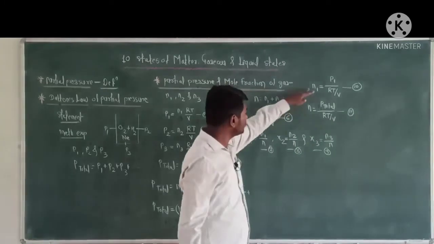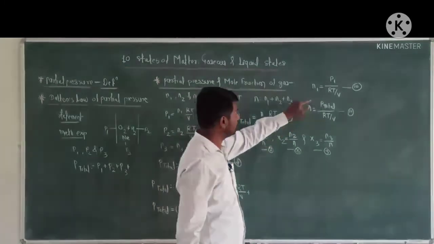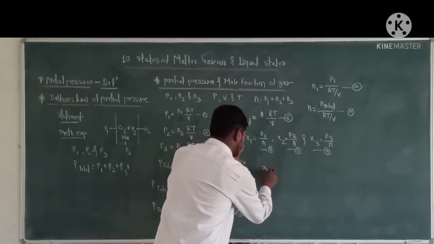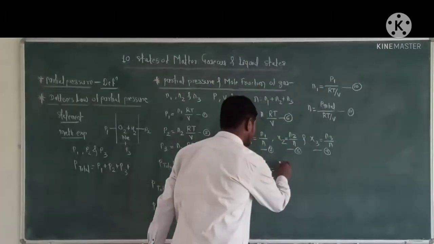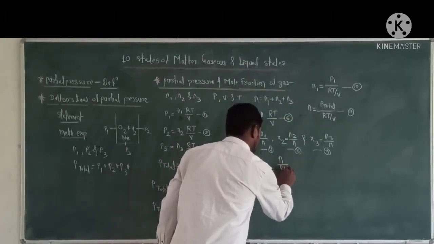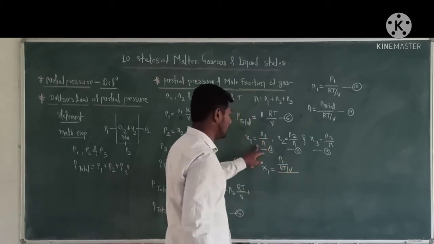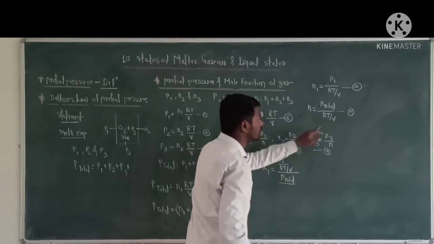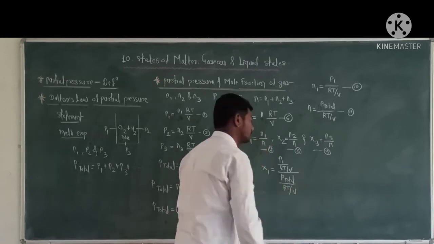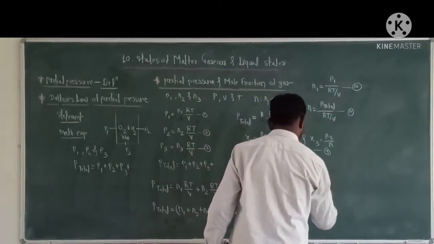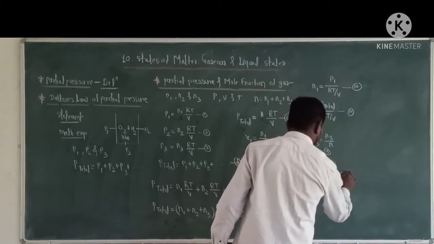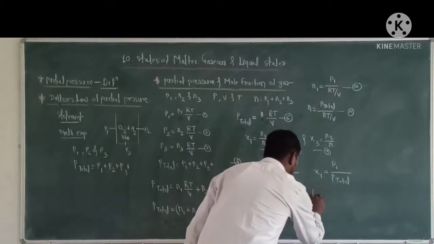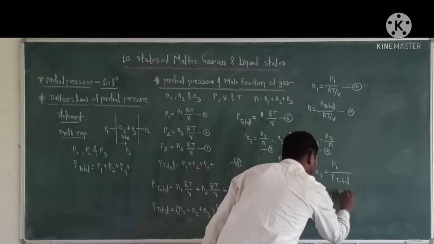Put the values of n1 and n in equation number 7, we get the new equation, that is X1 is equal to n1, which is P1 upon RT upon V, divided by n, which is P total divided by RT upon V. Solve this equation, we get X1 is equal to P1 divided by P total, and rearranging this equation, we get the final equation, that is P1 is equal to X1 into P total.